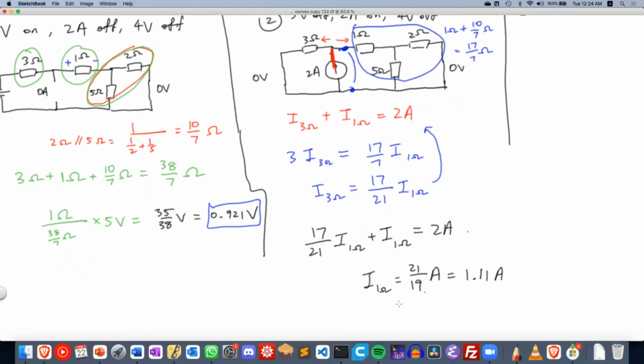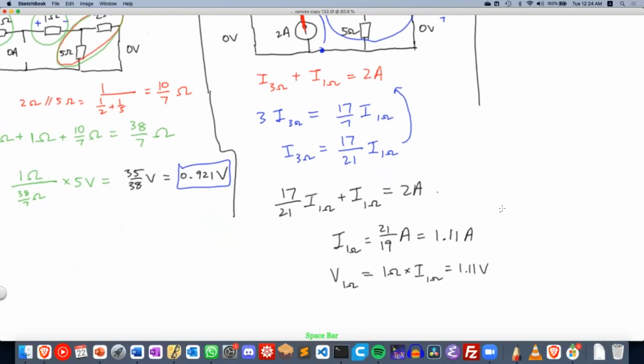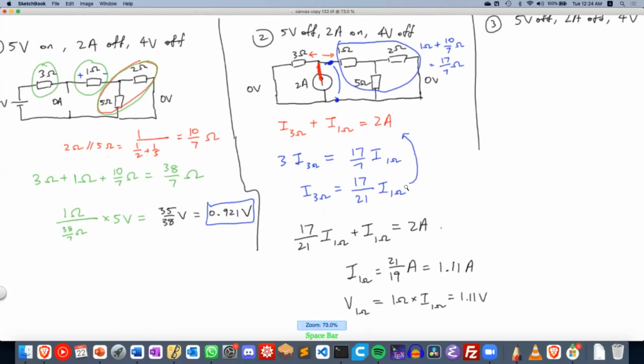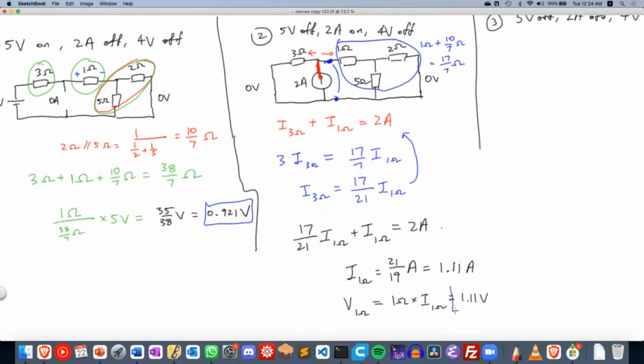Yeah, so the voltage across the 1 ohm is then 1 times that, right? 1 ohm times the current across it, V equals IR, we get 1.11 volts. So that is the voltage across the 1 ohm in the second scenario, right?